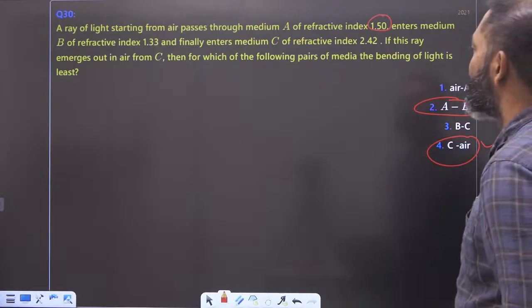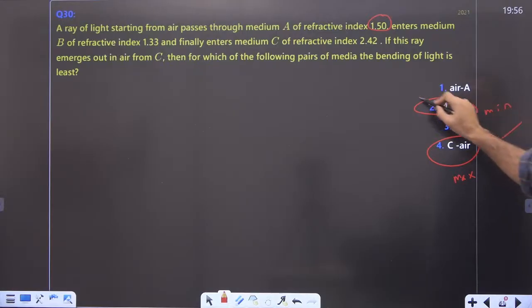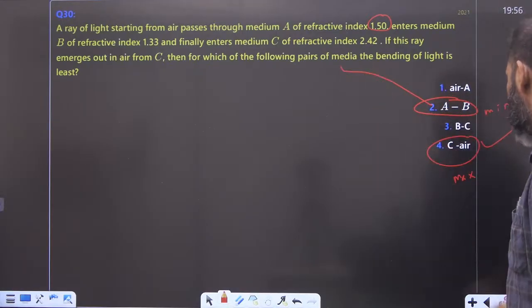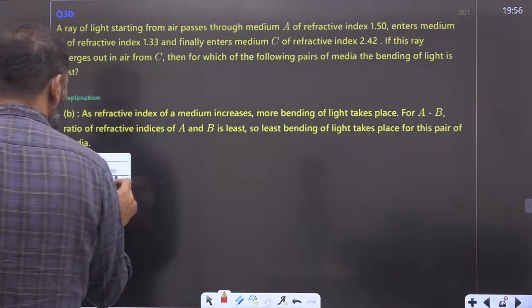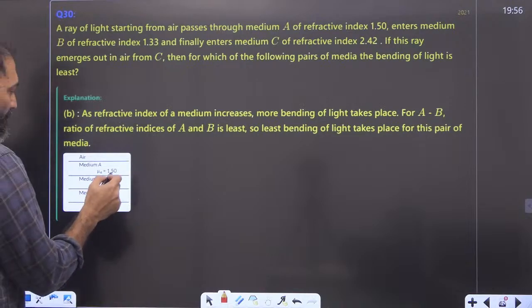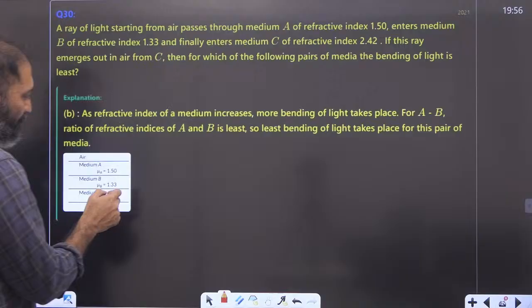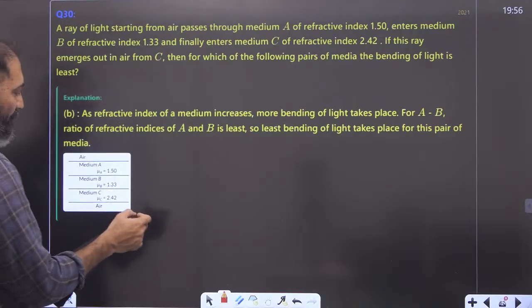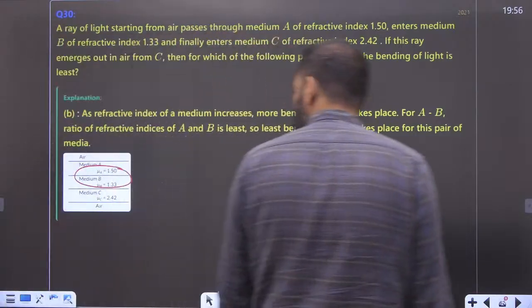This is maximum deviation. This is minimum deviation and they asked for least deviation. So option B is correct. Air to medium A, 1 to 1.5, then 1.5 to 1.33 small, 1.33 to 2.42 large, 2.42 to air also large. So minimum will be 1.5 to 1.33, A to B. I hope it is clear.